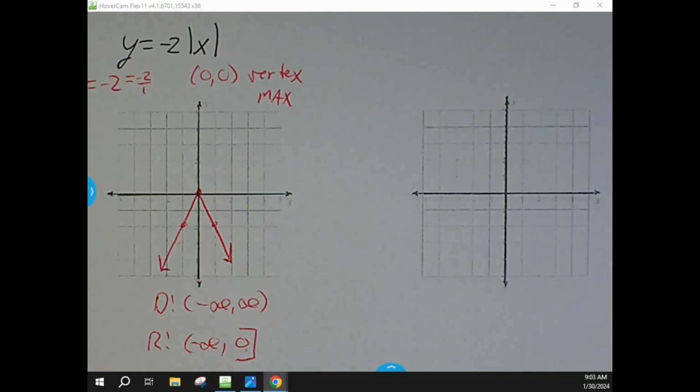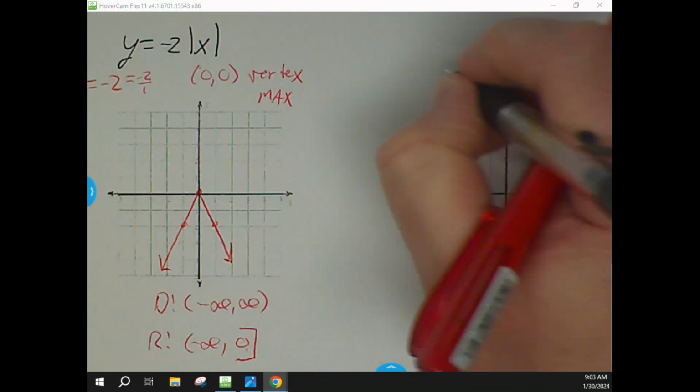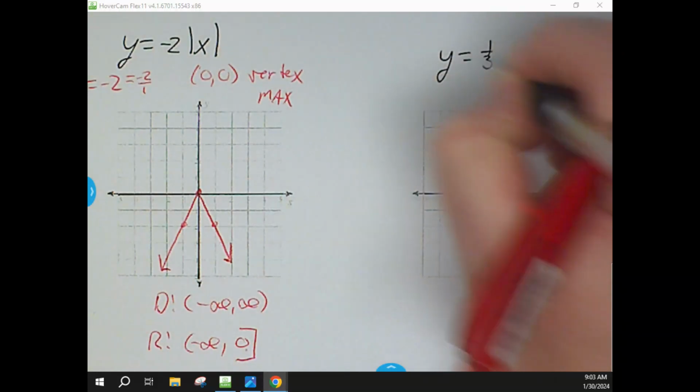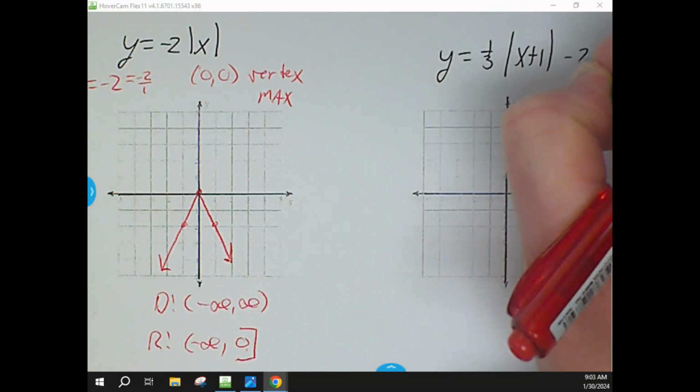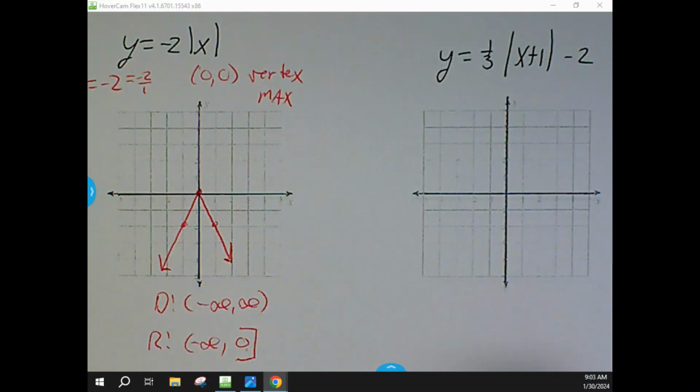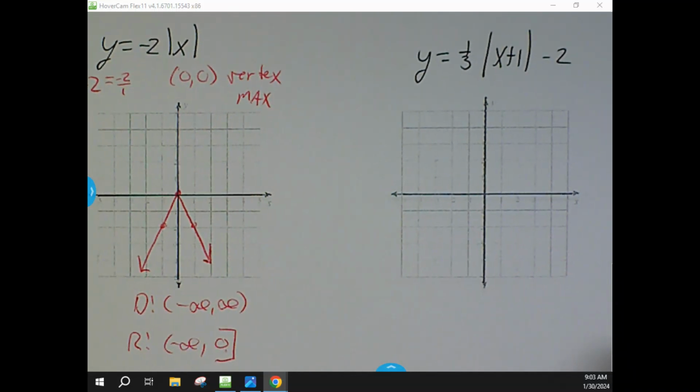All right, one more. Let's go with 1/3 times the absolute value of x plus 1, minus 2.